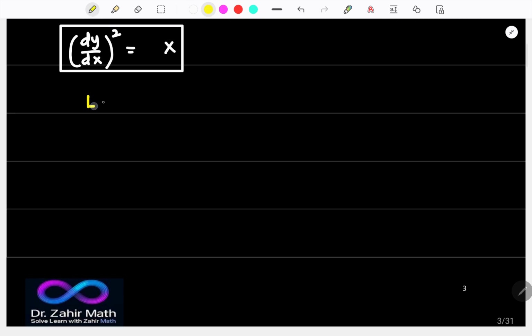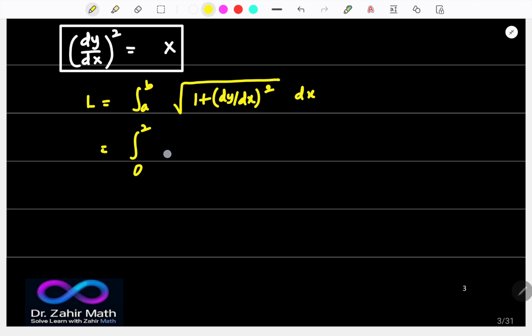Now let me go to the formula. L equals the integral from a to b of the square root of 1 plus (dy/dx) the whole square times dx. This equals the integral, and what are the limits? We already told you, 0 to 2. So the integral of the square root of 1 plus, what's your (dy/dx) squared? Everything you have done. So this x you are going to put it here.